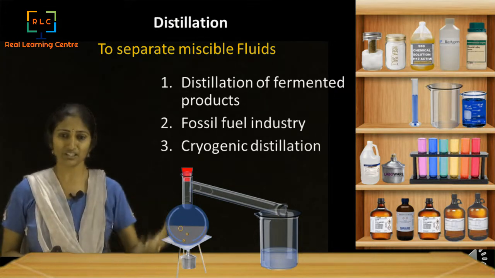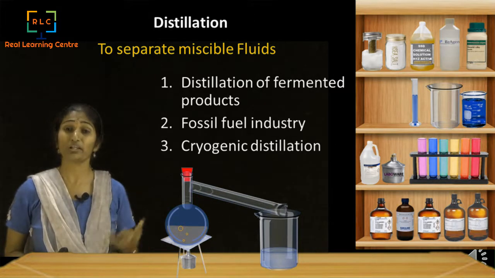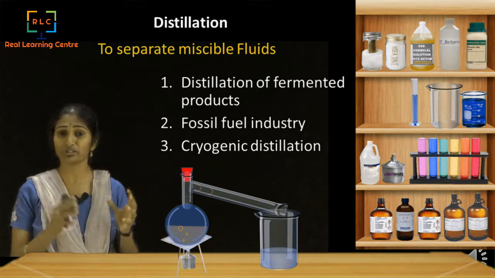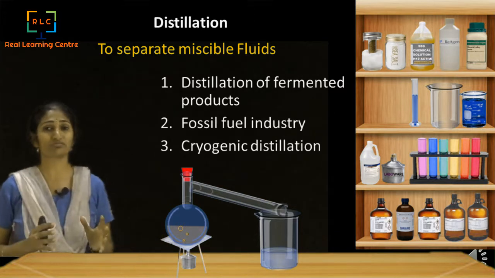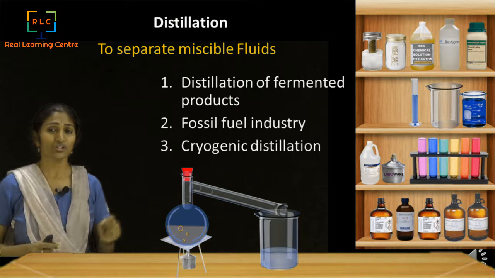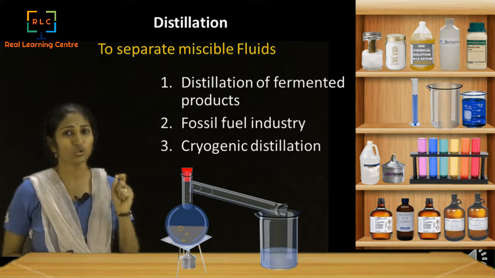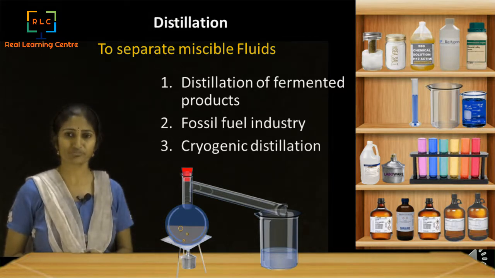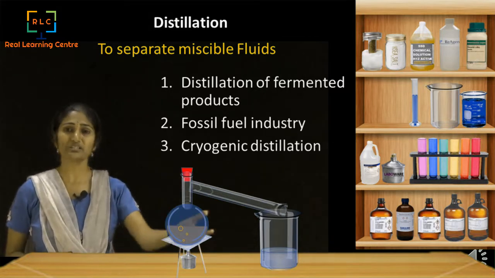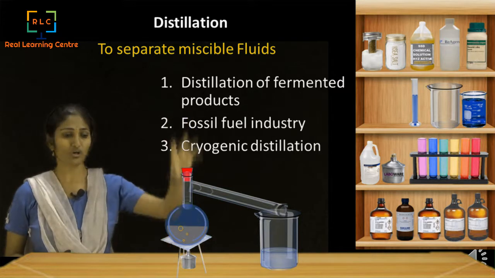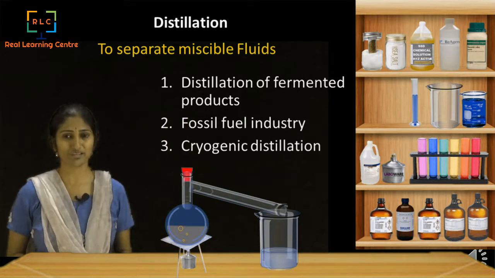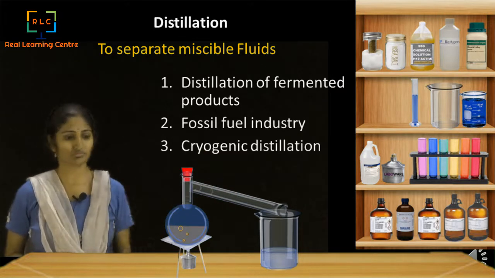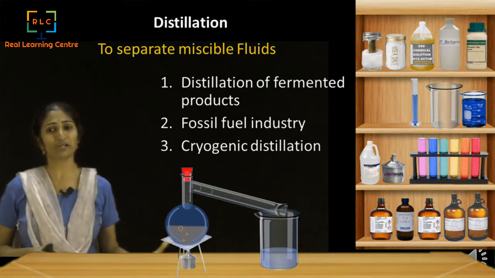You know that there is a boiling point of a liquid, and if the boiling points of the liquids present in this round bottom flask are different, the liquid which has the lowest boiling point would be evaporated first, and when it gets evaporated it moves to the top of the round bottom flask, and hence moves into the tube there and gets collected in the beaker.